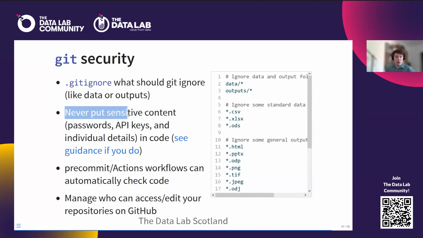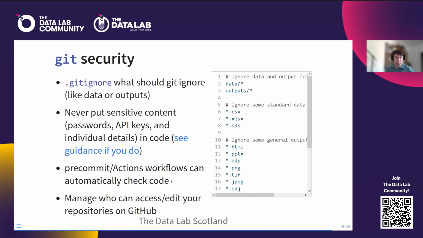We can also use tools to help us think about not putting sensitive content in. So firstly, we shouldn't do it. So try not to put passwords and API keys and individual people's details within the code. There's no need to do that. But there are tools that can help you if you have done that to go back and remove them. And there's also tools like pre-commit, which can add simple checks to make sure that those aren't appearing in your code.